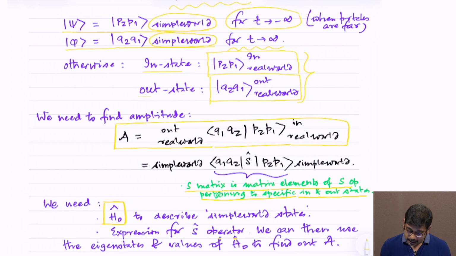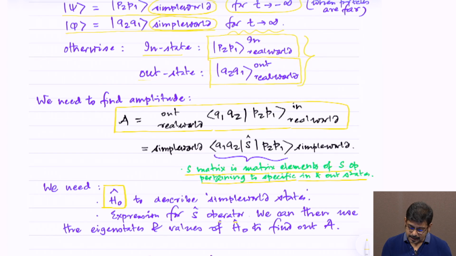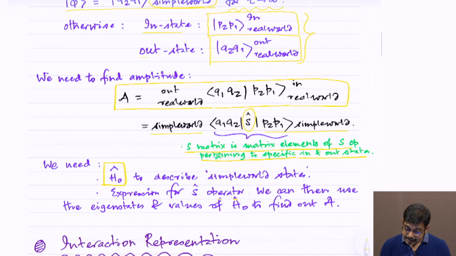Now, we can rephrase this in terms of Q1, Q2 in the simple world, with this S matrix sitting in between, and P1, P2 in the simple world. So, the S matrix is a matrix element of the S operator which pertains to the specific in and out states.